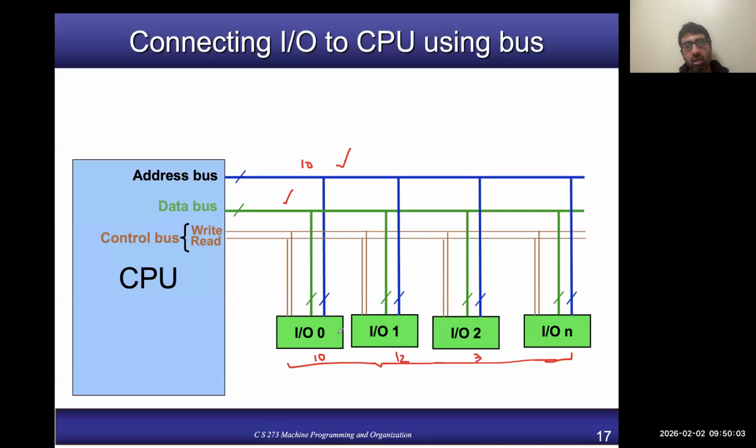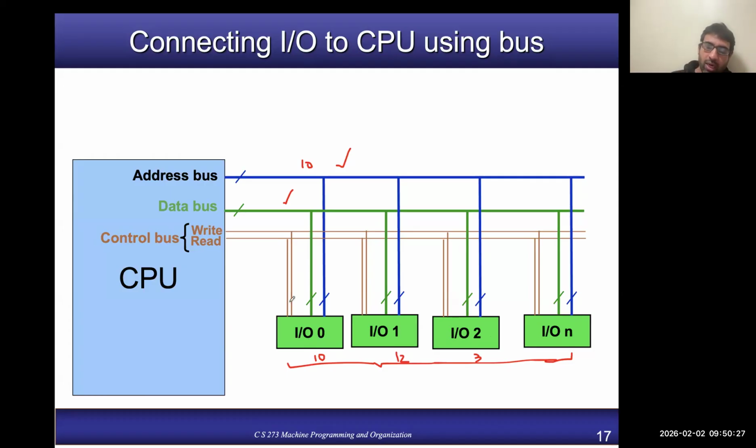If the address is 10, then IO devices 1 and 2 will automatically know that they are not supposed to respond because this is not their address. They are not supposed to participate in any read or write operation. And IO device 0 will know that it is going to participate in this communication.